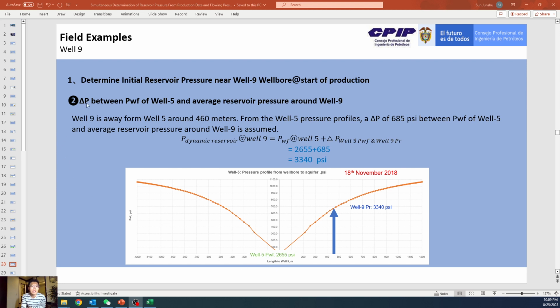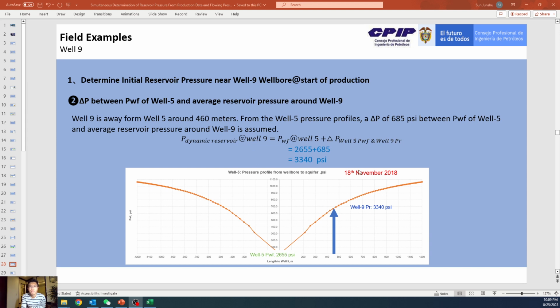Then calculate the delta P between well number 5 and well number 9. Well number 9 is around 460 meters away from well number 5.